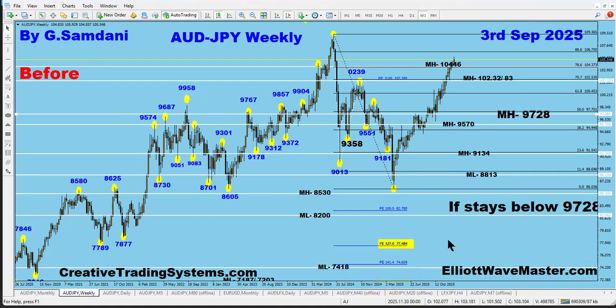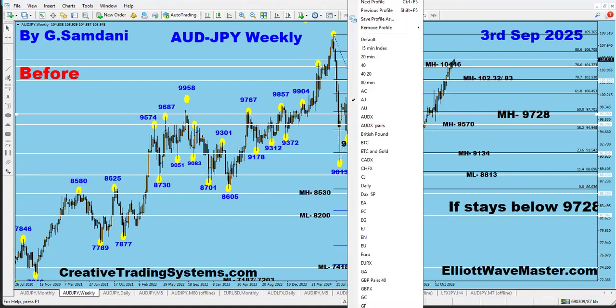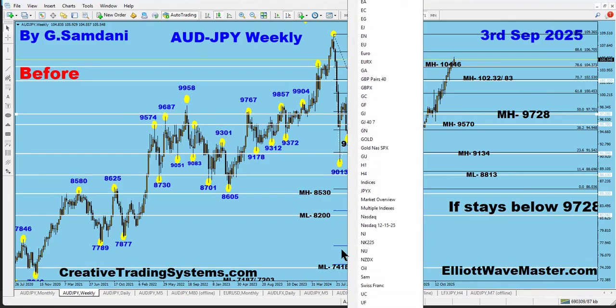But let's take a look at the CAD yen as well. And all yen pairs in my book will be going to the upside. Where the heck is CAD yen? Right here.